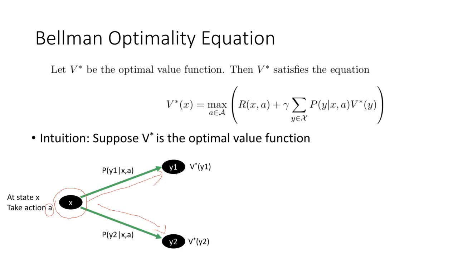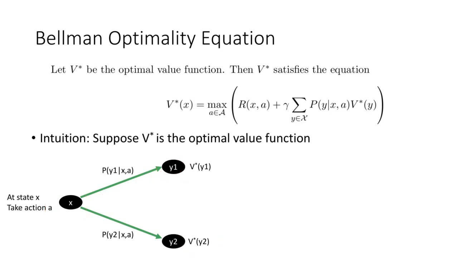So what is the value corresponding to the state Y1? By definition, since you are going to follow the optimal policy from Y1, the expected cumulative discounted reward that you will get by starting from Y1 is going to be V star of Y1. Similarly, the value corresponding to Y2, assuming that you are going to follow the optimal policy from Y2, is going to be V star of Y2.